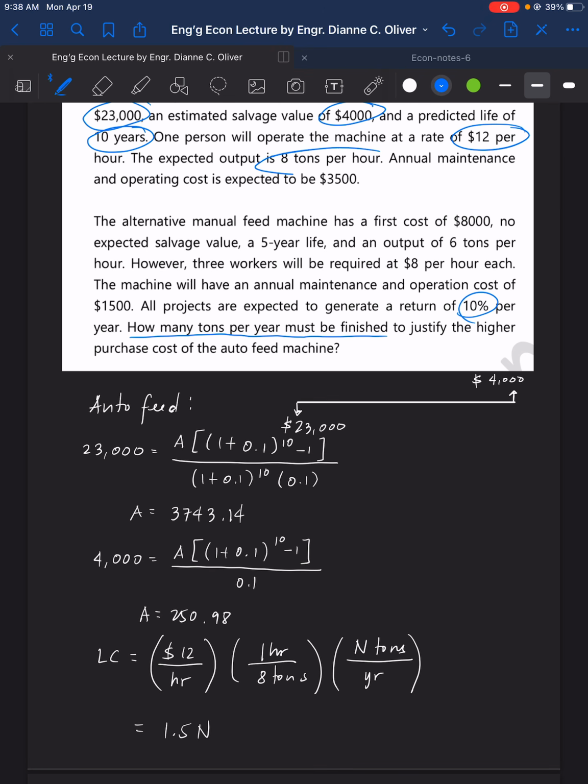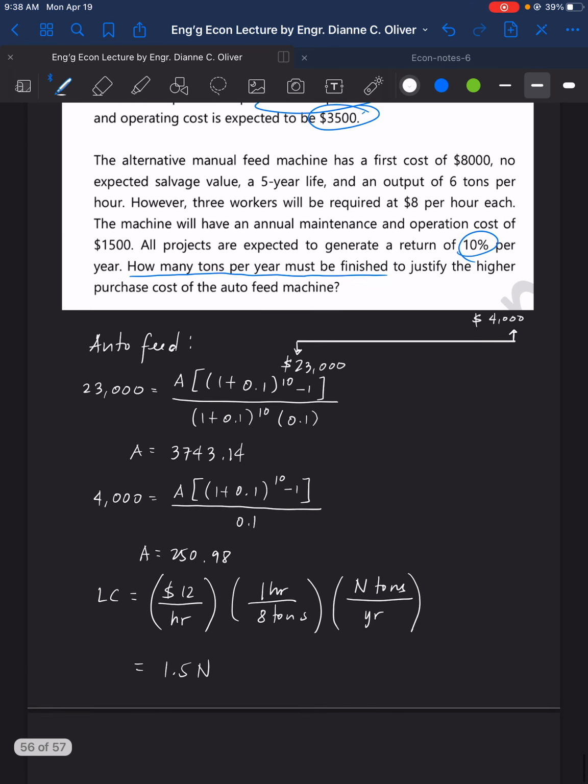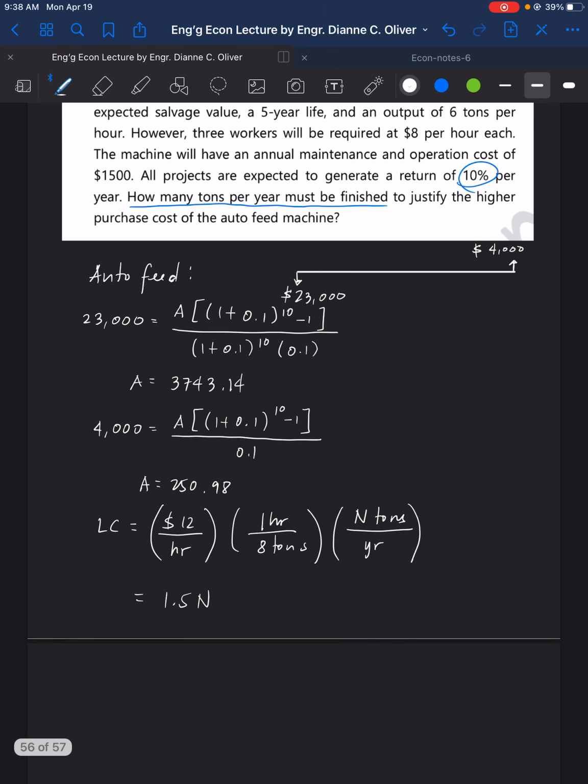Okay, so I think we're done with the 8 tons per hour. How about the annual operating cost? Let's just put it in the computation. So for annual worth of auto feed machine, so AWA, equals, we have the 3743 as, let's use negative sign. Okay, let's have here a note: use negative sign for costs, for consistency.